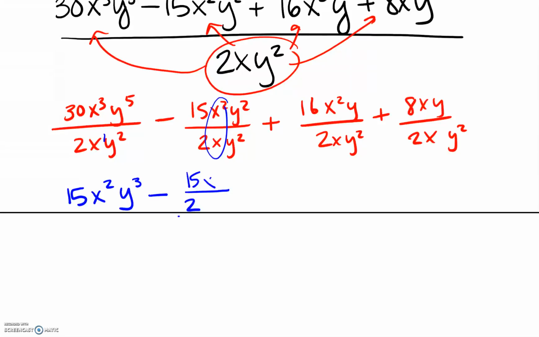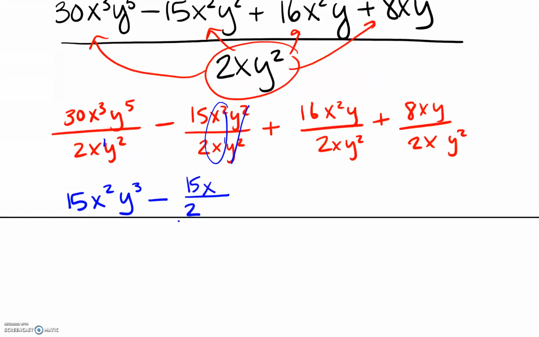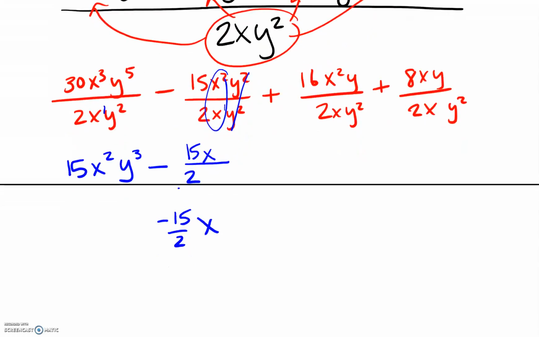All right, x squared is bigger, so we end up with an x in the top. The x squareds are going to cancel, or the y squareds are going to cancel. So there we are, and you move on. You also, like I was saying, you could have written this as negative 15 over 2x. You can write that 15 over 2 as a coefficient, or as the whole term as a big fraction. Either one is the same.